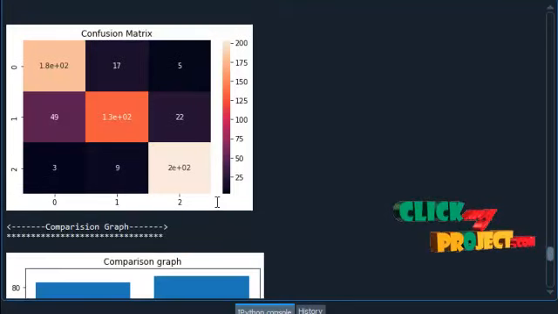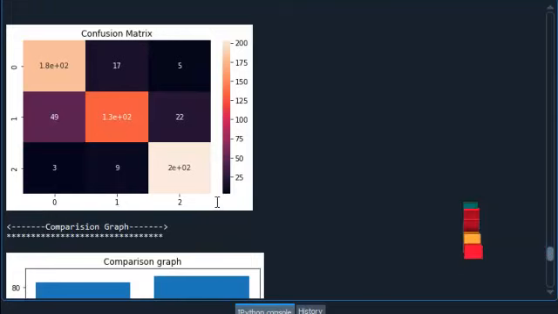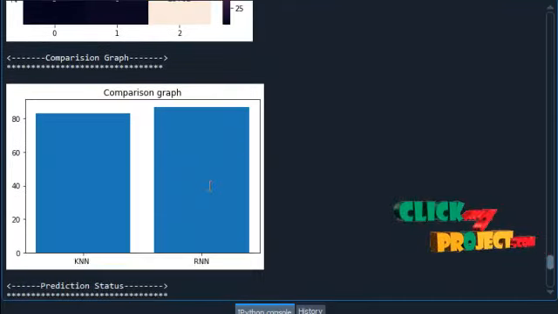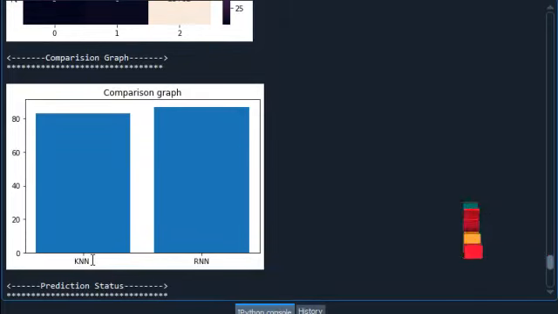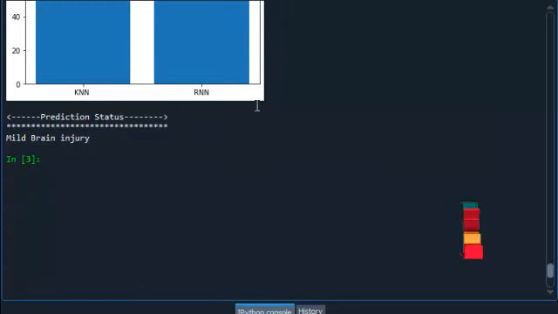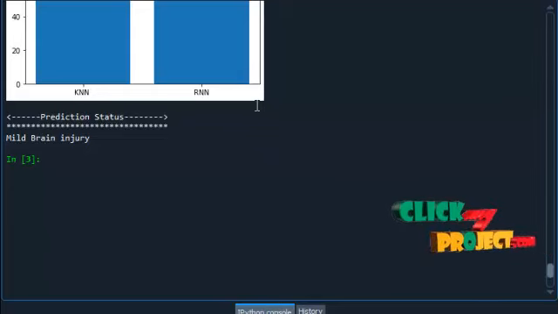This depends upon true positive and false negative values. Next, comparison graph. KNN 83, RNN 86. Prediction status. Prediction status is whether the given data is brain injury, not brain injury, or mild brain injury. This is our prediction status.